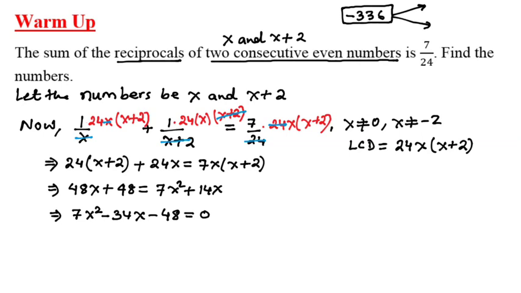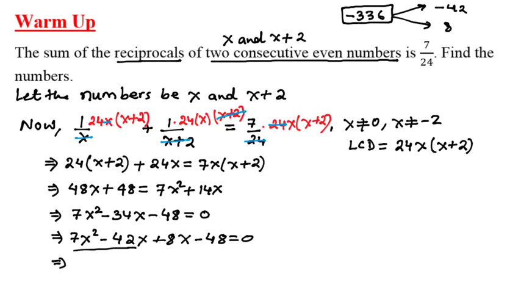So these two numbers are negative 42 and positive 8, because 8 times negative 42 is negative 336 and 8 minus 42 is negative 34. So you can rewrite the middle term using those two numbers: 7x squared minus 42x plus 8x minus 48 equal to 0.